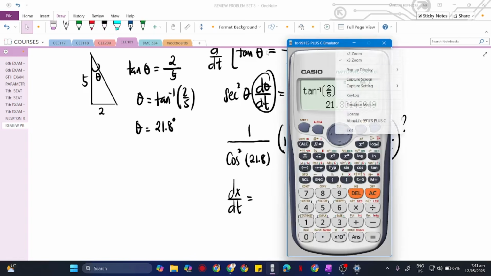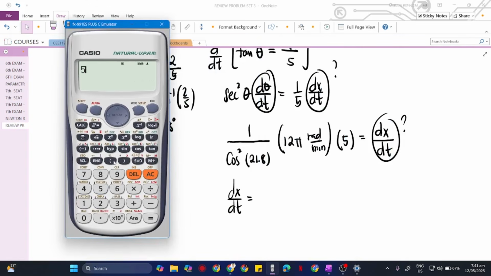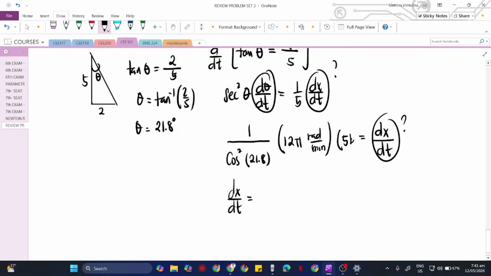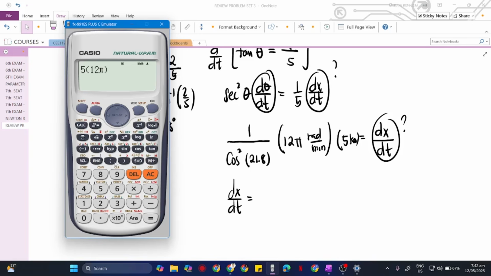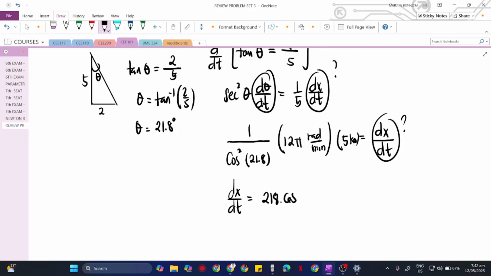Therefore, dx over dt is equivalent to, let's plug it into the calculator. First, 5 multiplied by 12 pi radians per minute. Remember, the 5 is in kilometers, so our unit will be kilometers per minute, since radians are unitless. Then divide by cosine 21.8, and make sure it is squared. The answer is 218.65, and the unit is kilometers per minute.